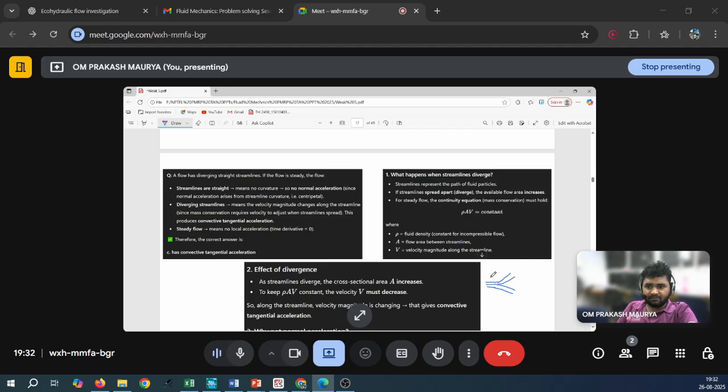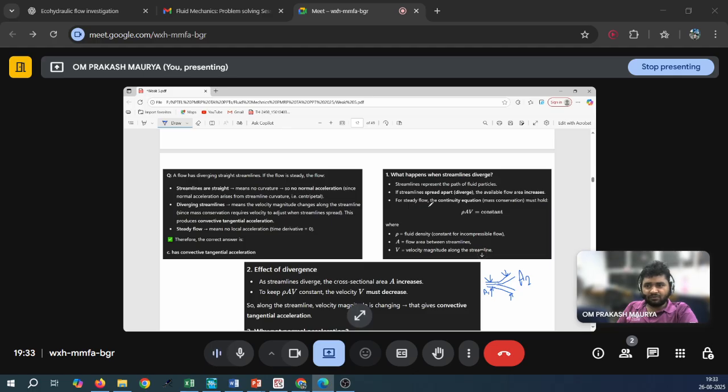Here, let us suppose, the area was A1, and here the area is A2, because it is diverging. As is written here, if the streamline diverges, the available flow area will increase.